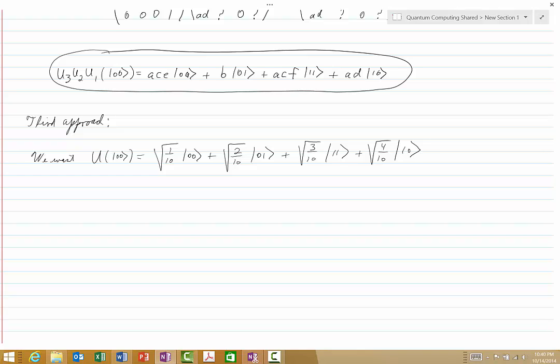Okay, so this third approach will go as follows.